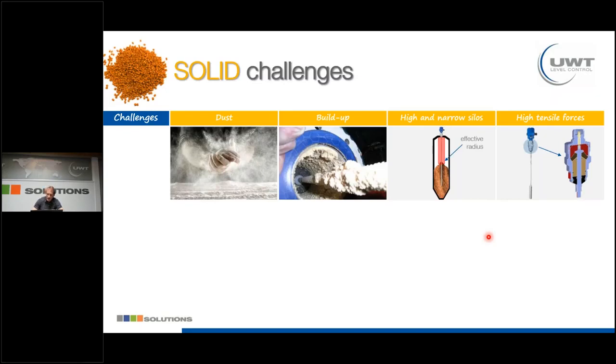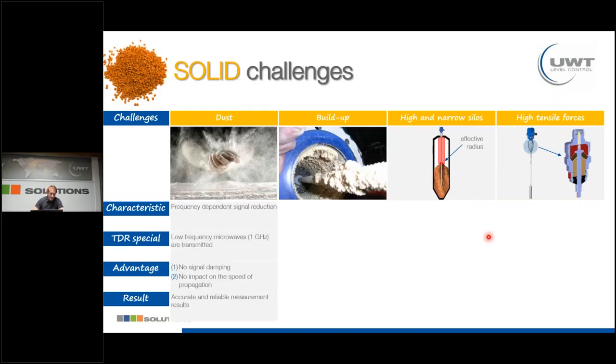So what are the TDR specials? One special is the low frequency of the microwave. Because dust also dampens the signal a little bit, and this dampening depends on the outstanding frequency.